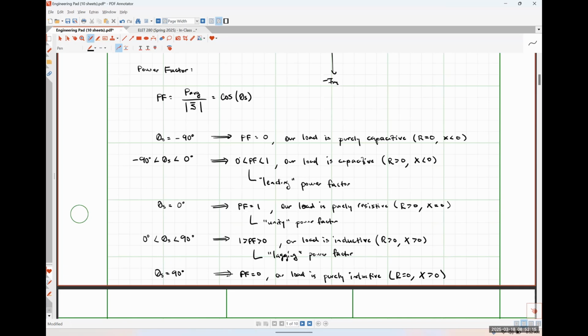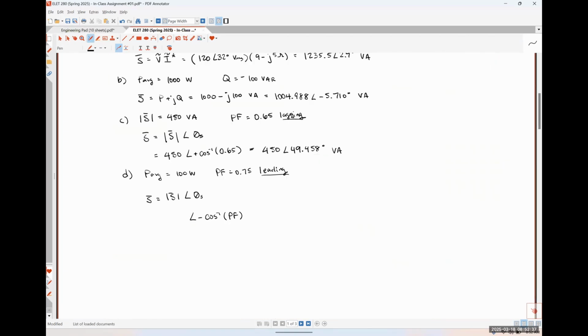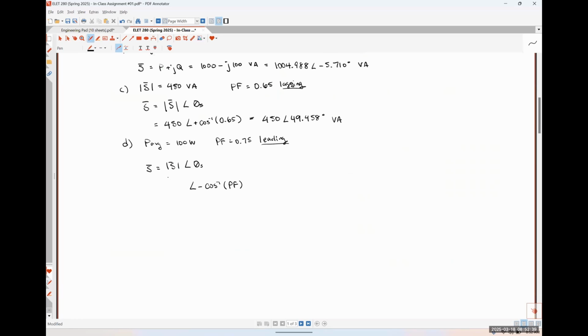If we rearrange our ratio, power factor is equal to P average over apparent power. We could find that our apparent power is just P average over our power factor. Just simple algebra. We would just switch the places of these two variables. So our apparent power is just going to be P average divided by our power factor.